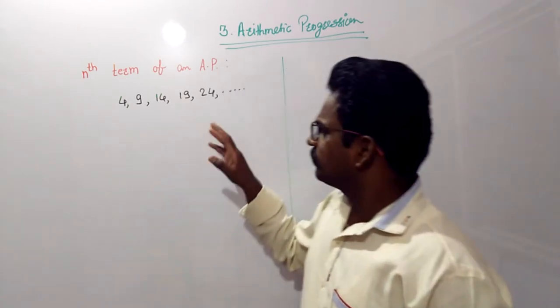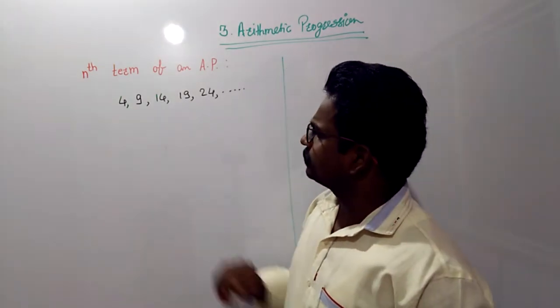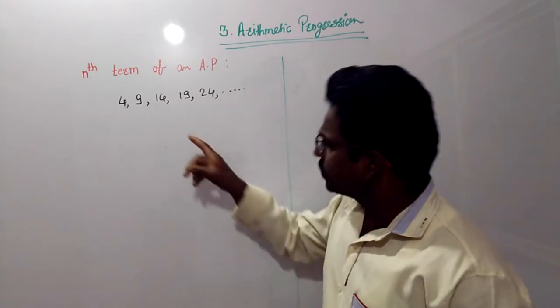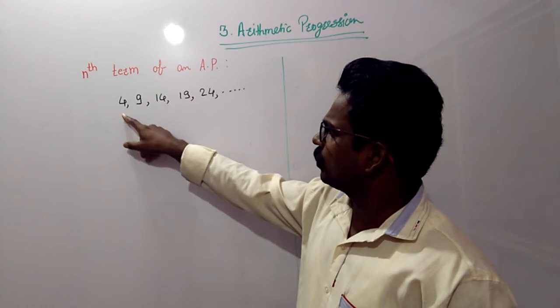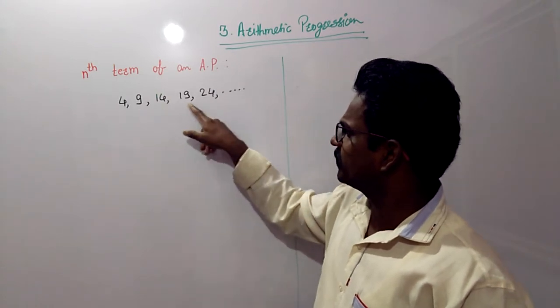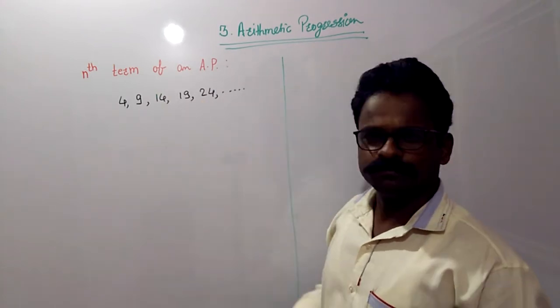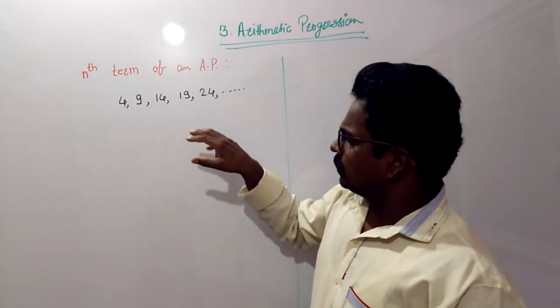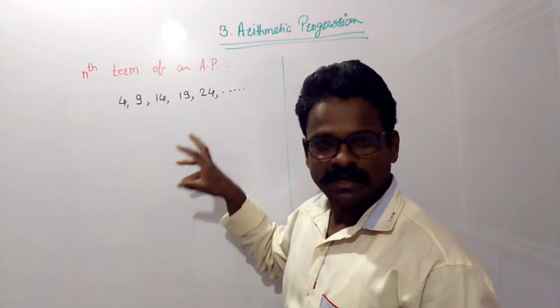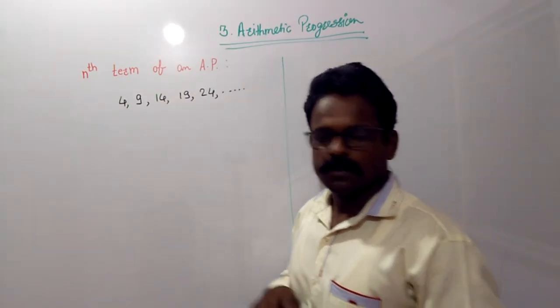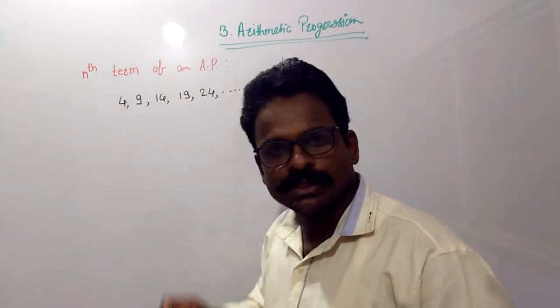Okay, fine. So students, I have written here one sequence, that is nothing but 4, 9, 14, 19, 24 and so on. First tell me, is it an arithmetic progression or not?